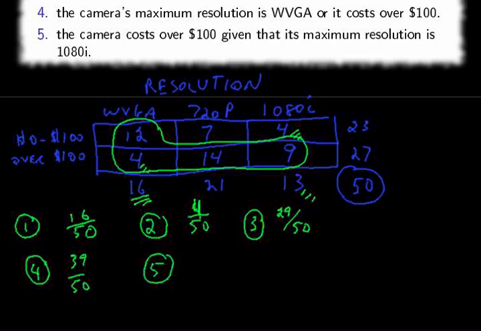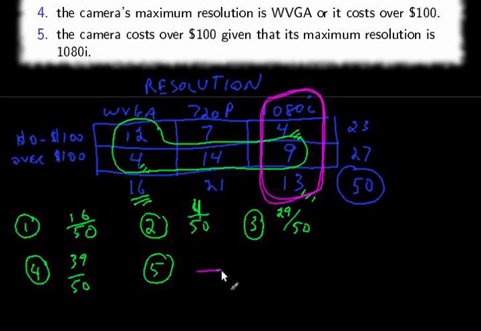Number 5. The camera costs over $100 given that its maximum resolution is 1080i. Okay, so what's the probability of that? We're given that its maximum resolution is 1080i. So what we have to do is realize that we're working with a reduced sample space. Our entire sample space now only has 13 cameras in it. It's the ones with a maximum resolution of 1080i.